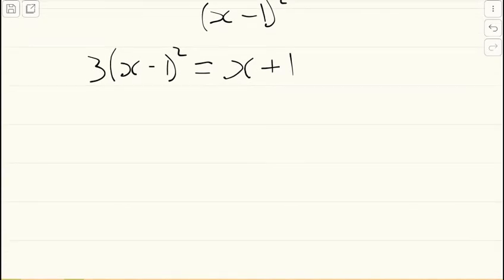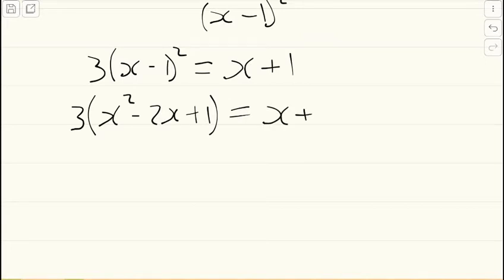And then I expand x minus 1 squared. We should know the expansion of x minus 1 squared. That's going to be x squared minus 2x plus 1, which equals x plus 1.